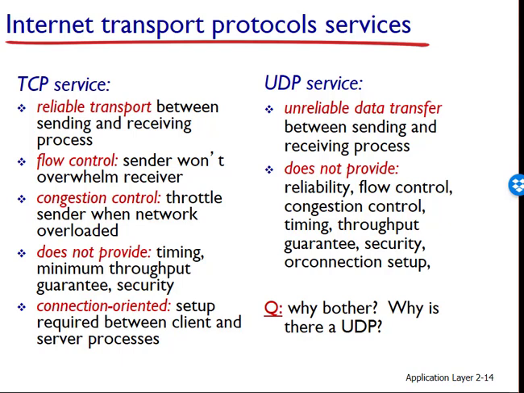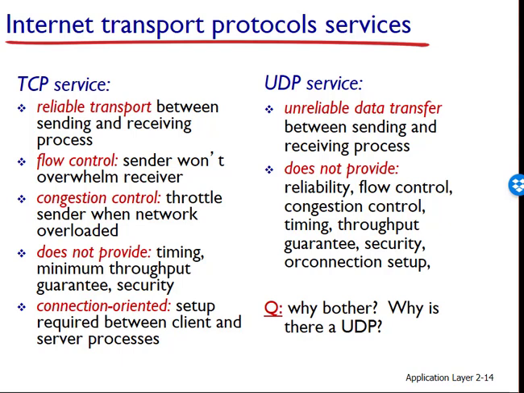Consider transport services that a computer network can provide in general. Here are some of the transport services provided by the Internet that you see on the screen. The Internet, specifically TCP/IP networks, makes two transport protocols available to applications, UDP and TCP, that we learned about in the first unit.